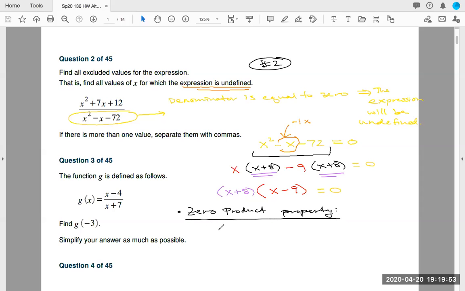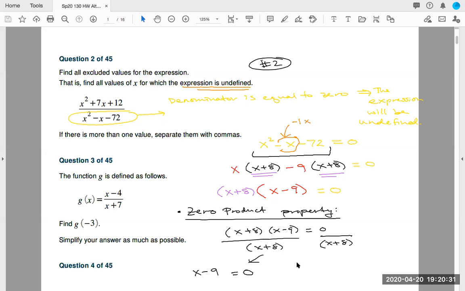And essentially what that's saying is this first factor, if I divided it out on both sides, well, 0 divided by x plus 8 or any other number aside from 0 is going to be 0. And then the x plus 8s would cancel on this side. I would have x minus 9 equals 0. Okay, let me freeze that.